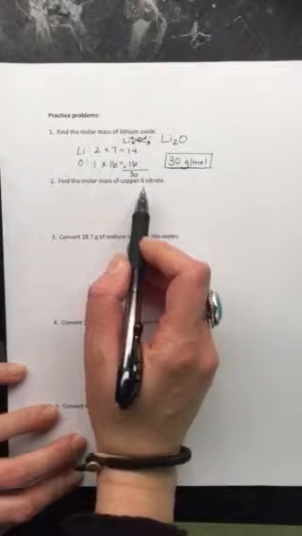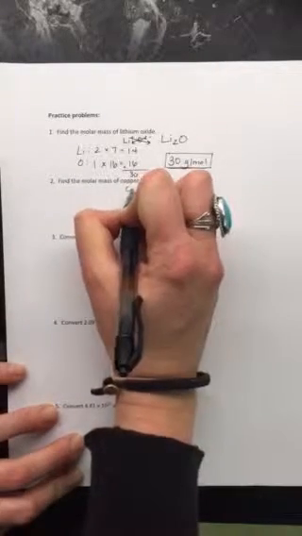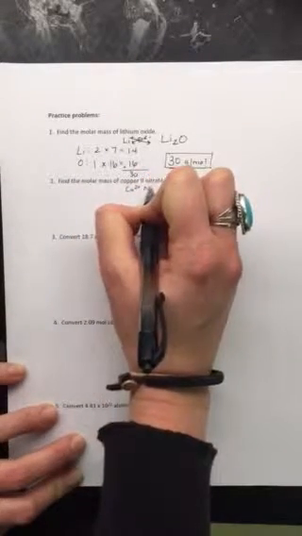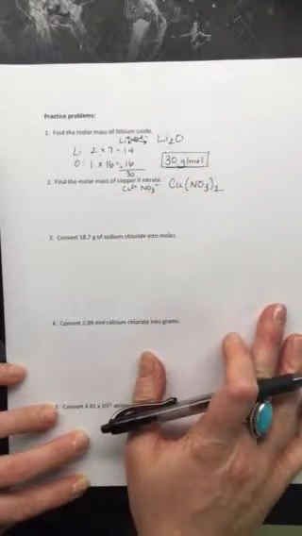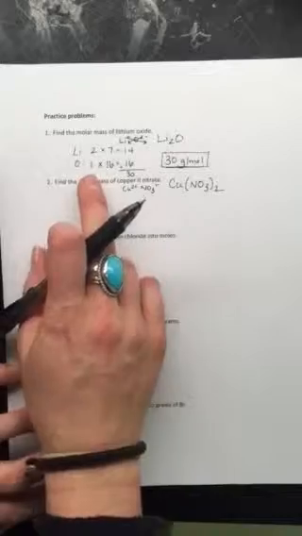Copper nitrate. Okay, so we need to write the correct formula for copper nitrate. Copper has a 2+ charge here. Nitrate, NO3, is a 1-. So a correctly written formula should be Cu(NO3)2. Okay, so we're going to do the same thing as we did in problem 1.